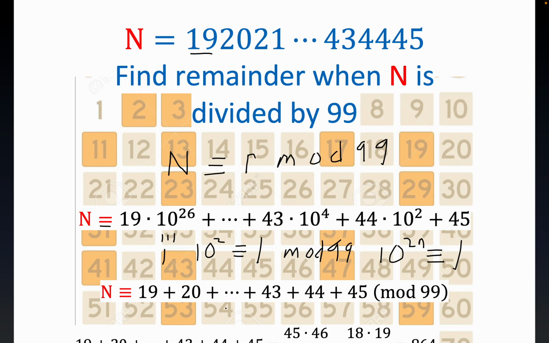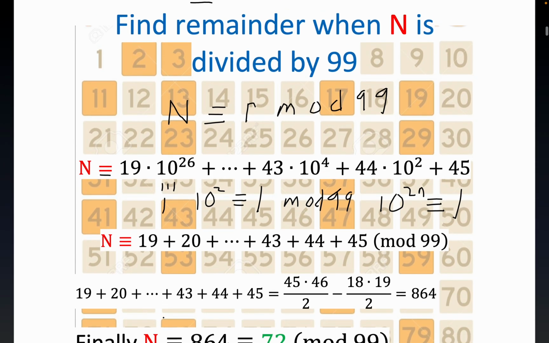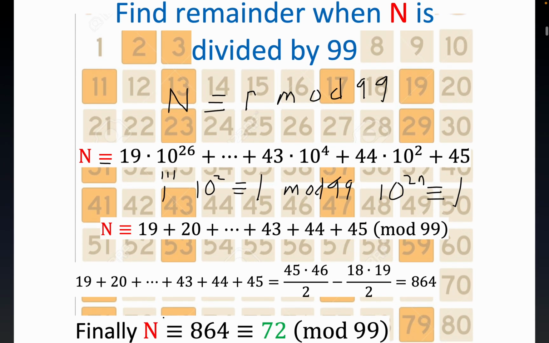Now, what do we have here? Well, we have the sum of the first 45 integers minus the sum of the first 18 integers. And there's a very well-known formula for that, and you guys have seen it.